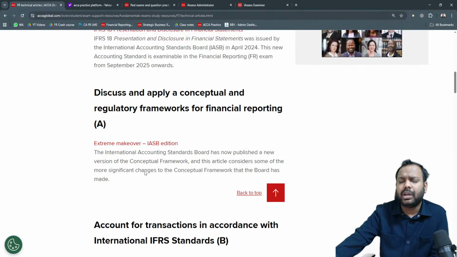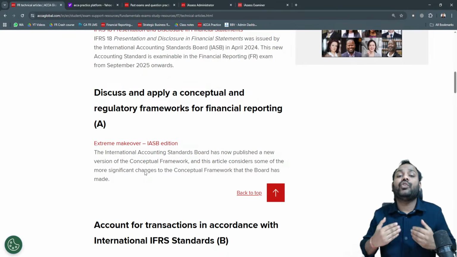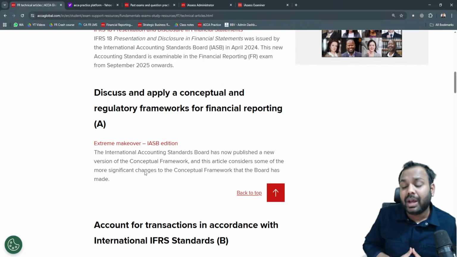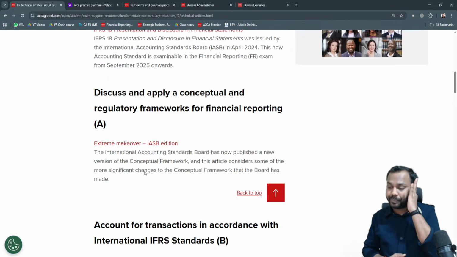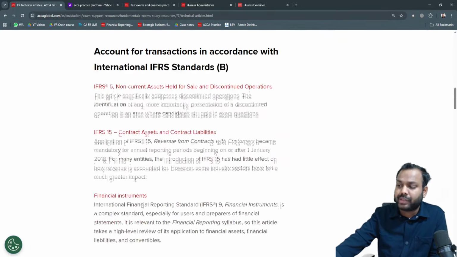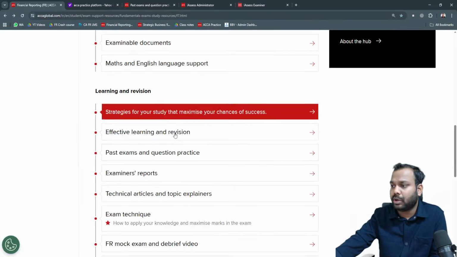If you are my student, you won't find anything new in these technical articles, but when you read, you will get a confidence that yes, I have read these technical articles. Okay, you have to read it. Now, so these technical articles, topic by topic, I'll keep on guiding you, but topic by topic, you have to read it off. Okay. Now, further, what else?